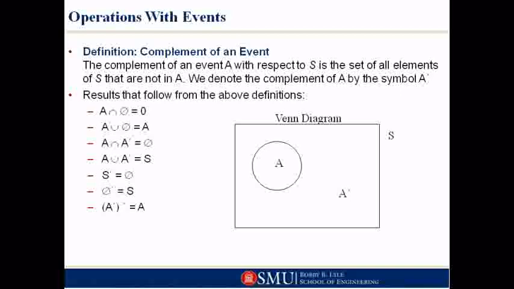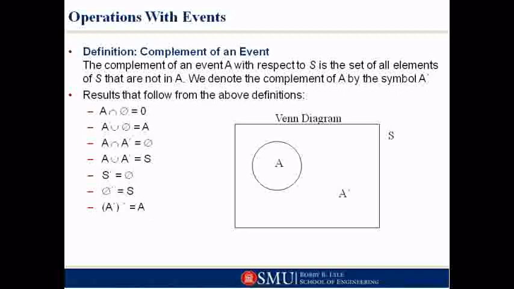So, and we note a few things about these definitions. An event A intersected with the null set, of course, is the null set, not a 0 there. A union the null set is still the set A. A intersection A complement is the empty set.